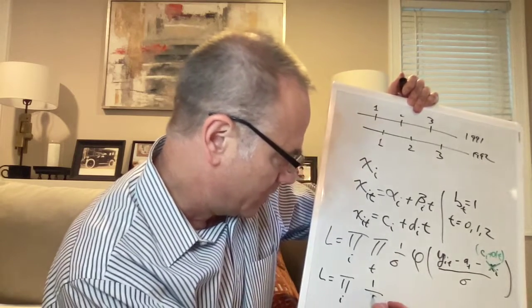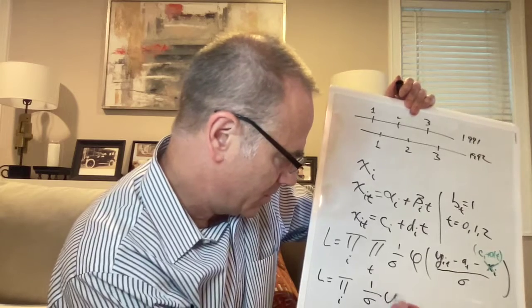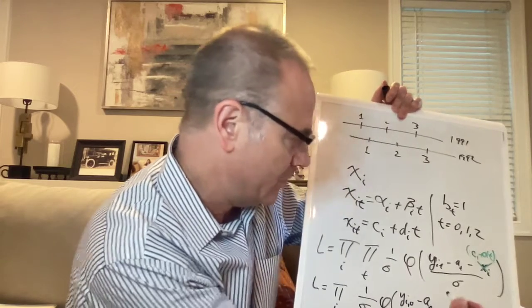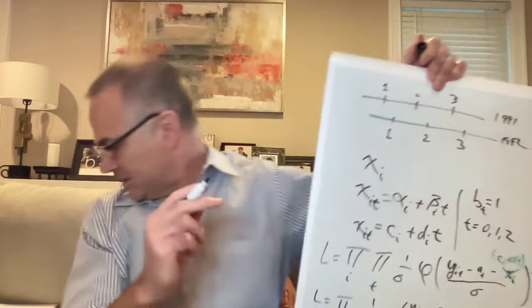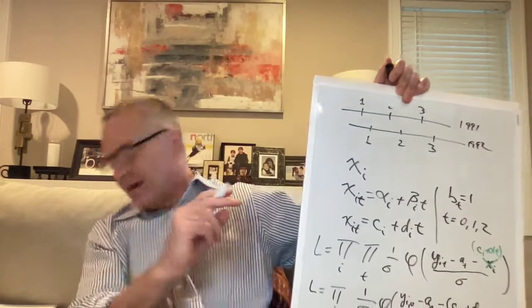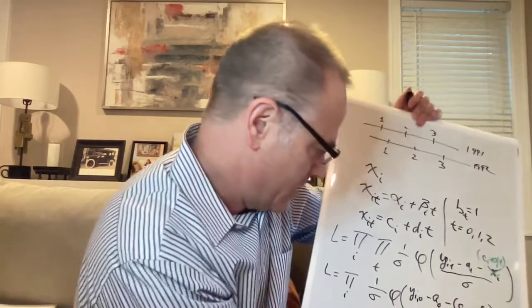So it's 1 over sigma little phi of (YI0 minus A0 minus CI plus DI) divided by sigma, and since T is 0, you don't have the DI.